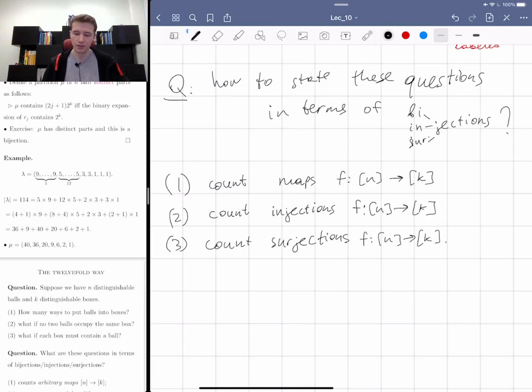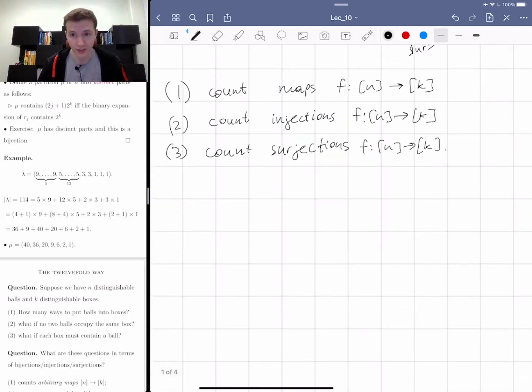So far it's very easy, but now I'm going to introduce the possibility that the balls are indistinguishable, or the boxes, or both the balls and the boxes.